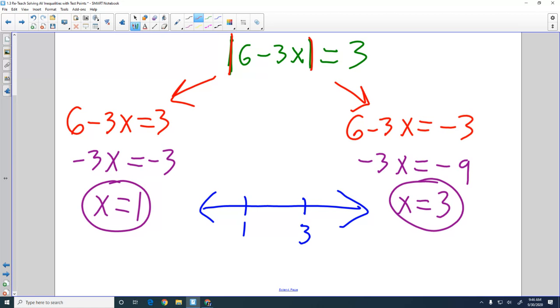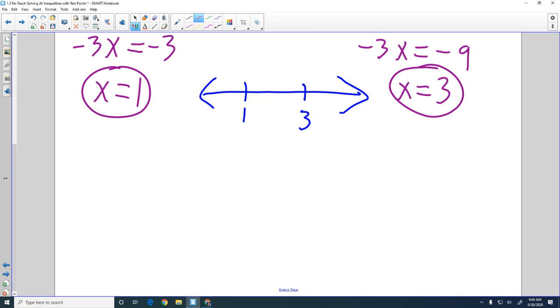And so our goal right now is to try some test points. So just pick any number to the left of 1. I'm going to use a 0. Again, that's a great number to use. A number in between 1 and 3, well, we have some limited options. I'm going to use a 2.